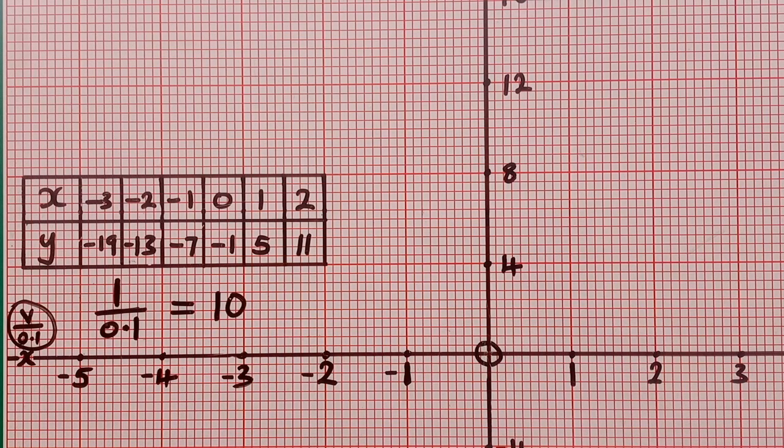Counting from where? Counting from the origin towards the left. From here to here is 10 unit boxes. And that corresponds to where the minus 1 is. Just count 10 boxes. The 10th box, stop there. That is where minus 1 is located. And truly, that is where it is. I hope this is getting interesting.